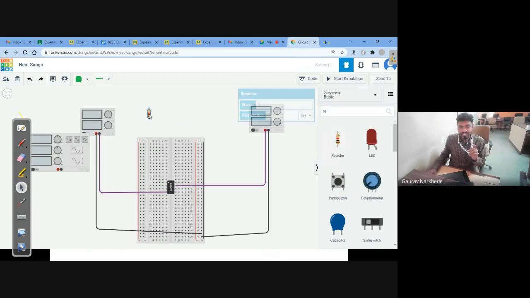So I will take this resistor and keep it aside for your understanding purpose. Normally this is a simulation, so I can put it anywhere. So through the input resistor I am giving the input to the inverting terminal, so I will just drag it down.